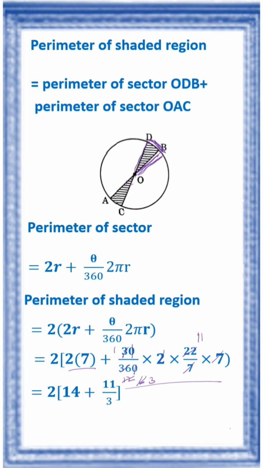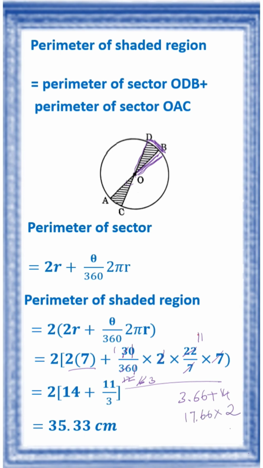11 by 3 is equal to 3.66 plus this 14, that is equal to, okay, let me solve. 77.66 into 2.